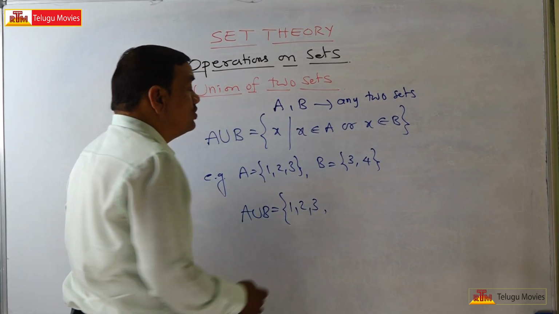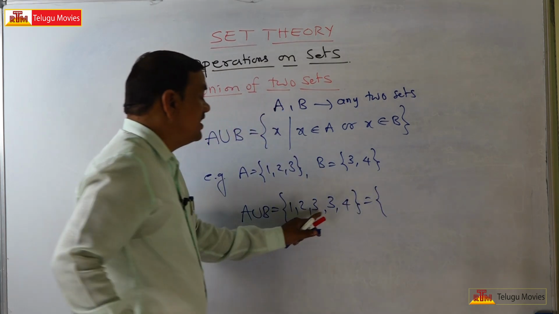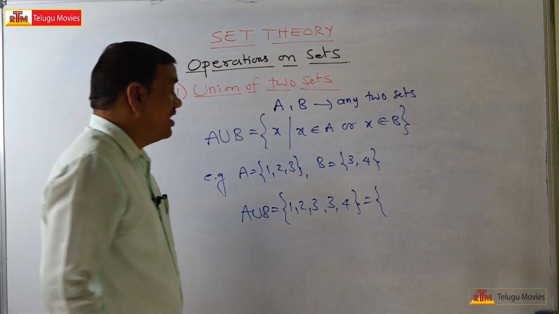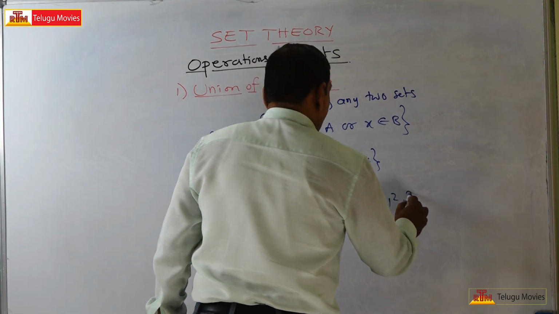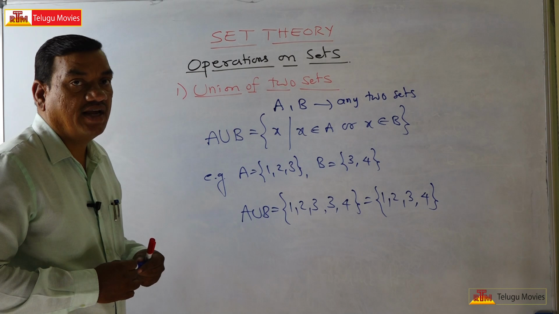The elements which belong to B are 3, 4. Generally in a set we cannot write repeated elements. That's why {1, 2, 3, 4}. So this is your A union B.